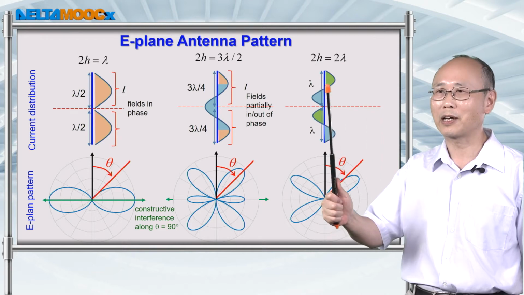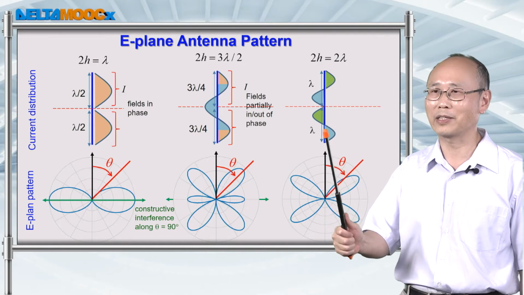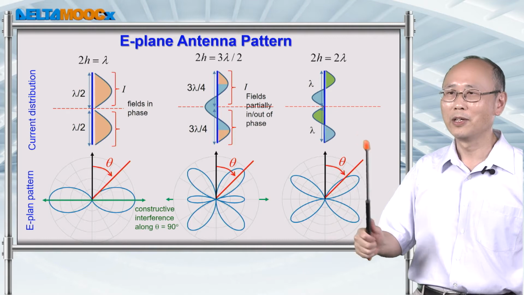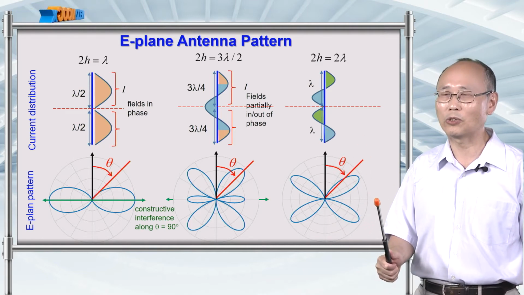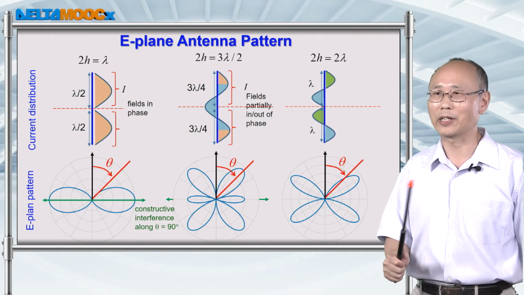And you see that this current wave has the phase 180 degrees off this one. So you see that at theta equal to 90-degree direction, you don't have any radiation field along this direction.